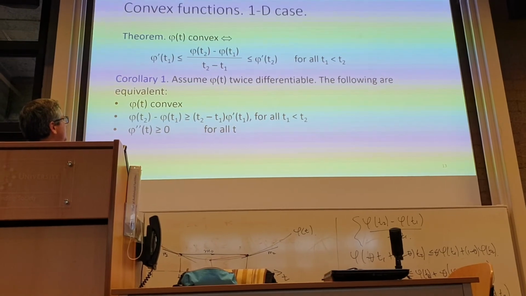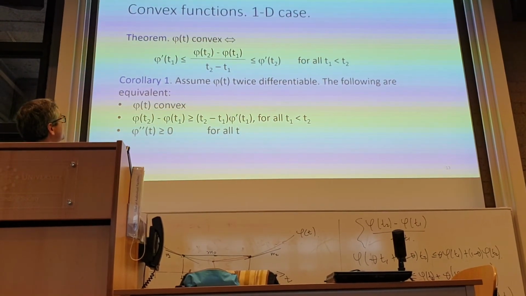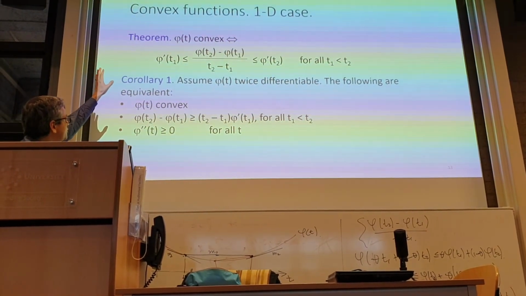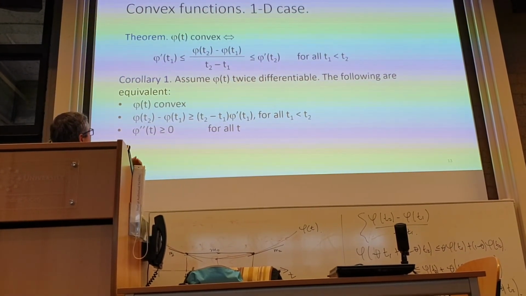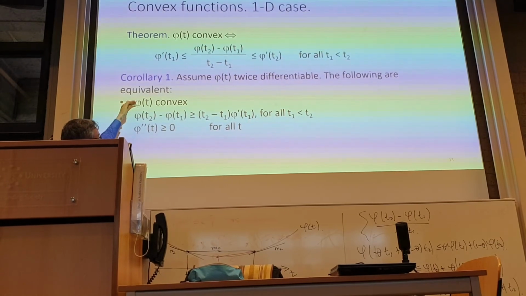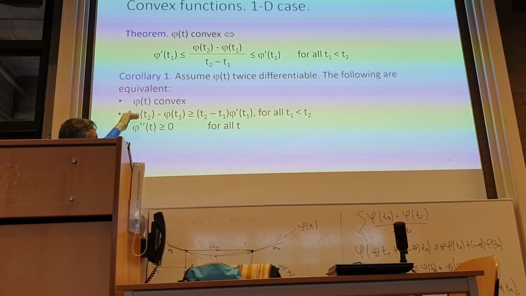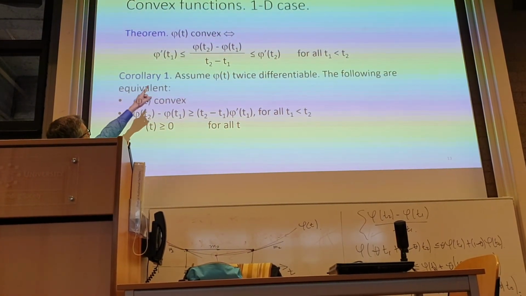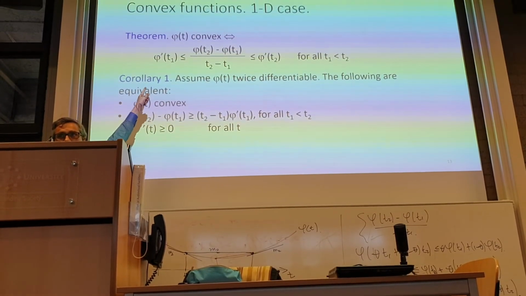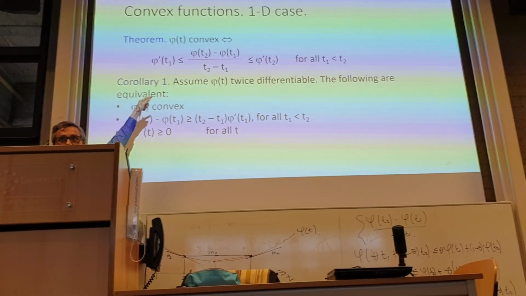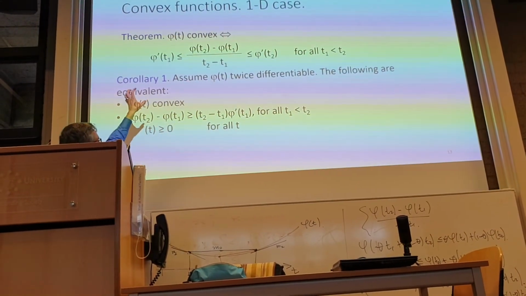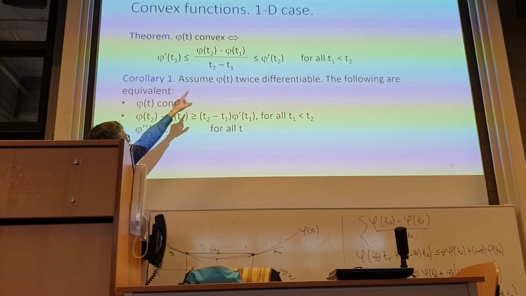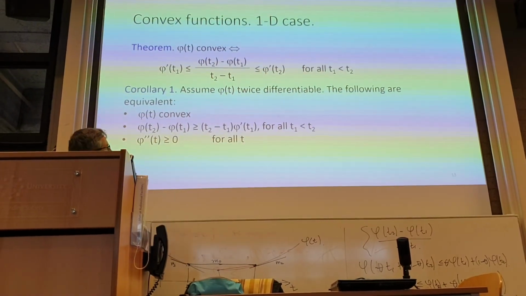Actually, from there one can prove the following three things are equivalent: first, that the function is convex; second, that this inequality is true. Notice that this inequality is just the left part of that, but if the left part is true, then the right part is also true, just by multiplying by T2 minus T1.